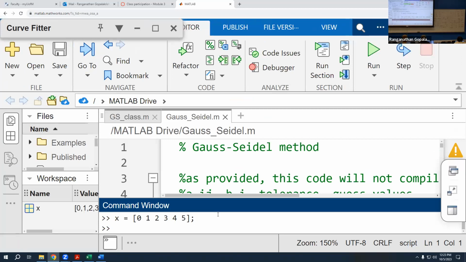Are we supposed to do the polynomial curve fitting? Is that the one? Yeah, we are going to start there and do something else as well.